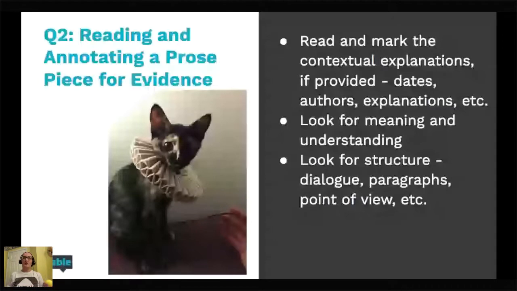If it's in the middle of a conversation between two people, it's going to say these guys are talking about this person that they just met, and that person may not be in the scene, but they'll explain it to you. Don't ignore the contextual explanation because it helps you. Usually they include it because it helps you understand what's going on, and it probably has to do with the prompt. Same thing with the dates and the explanations and the authors. Don't ignore it. Use it to your advantage.